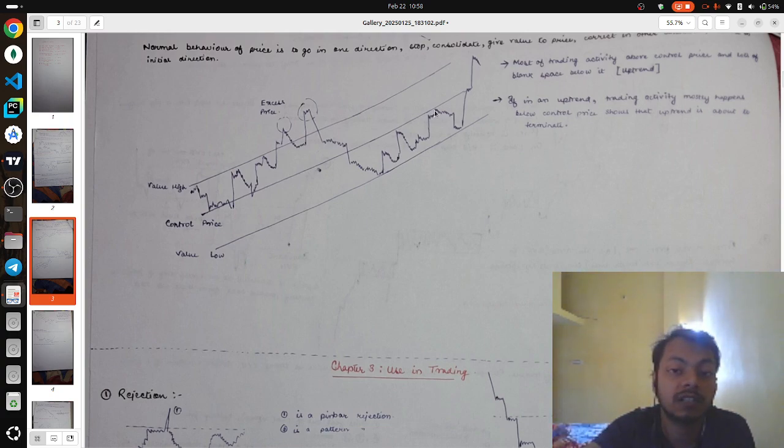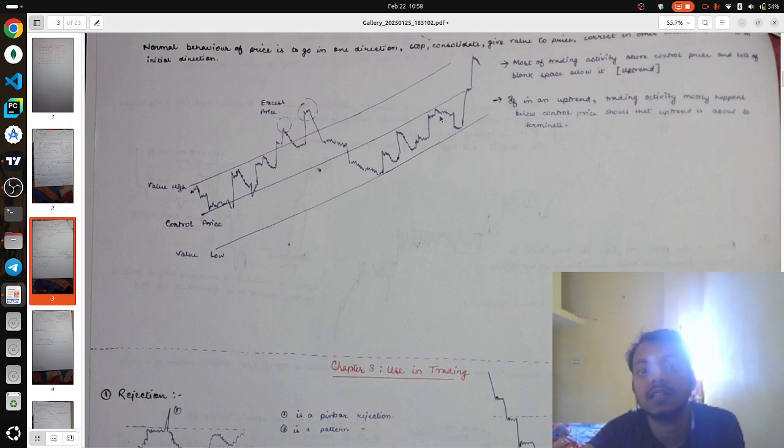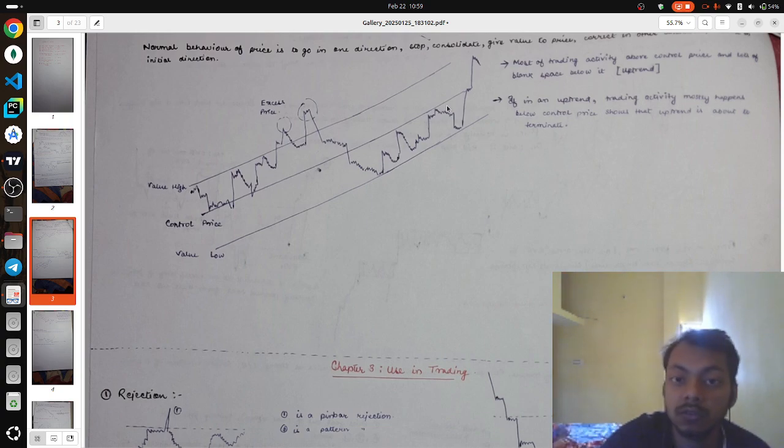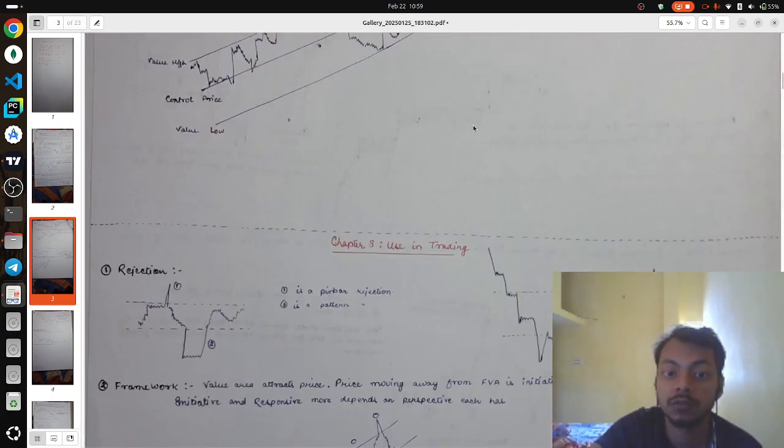Also sellers are selling aggressively. That is why sellers are not waiting for price to reach value high. They start selling once control price is achieved. And so we can say that sellers are now getting heavier. They are starting to dominate buyers, and when sellers start to dominate buyers, what happens? Price will come down.